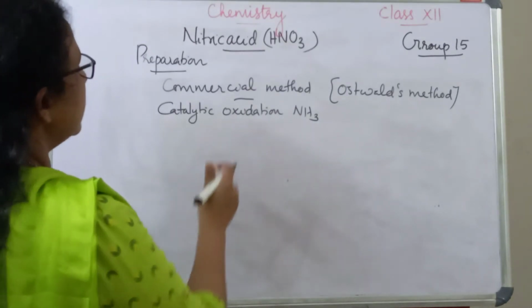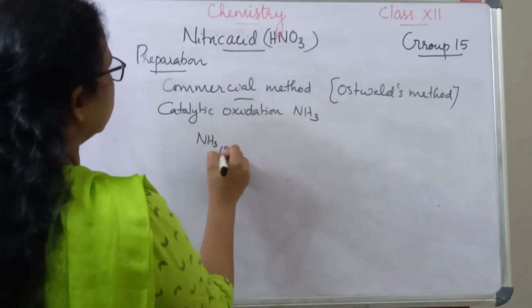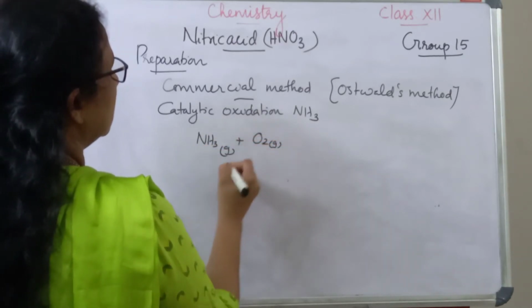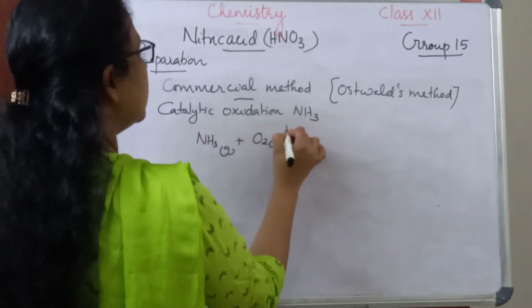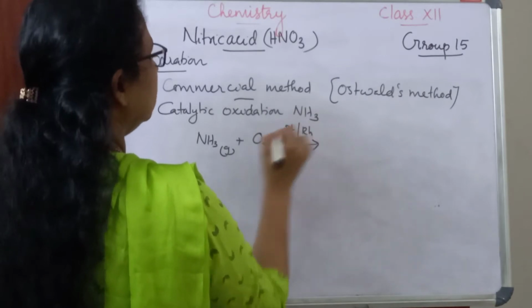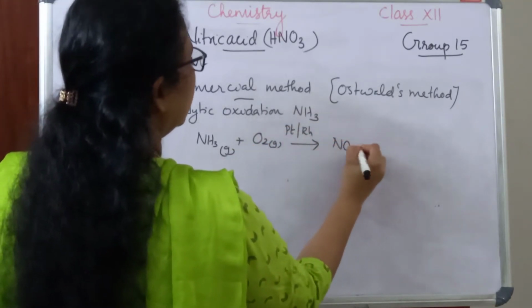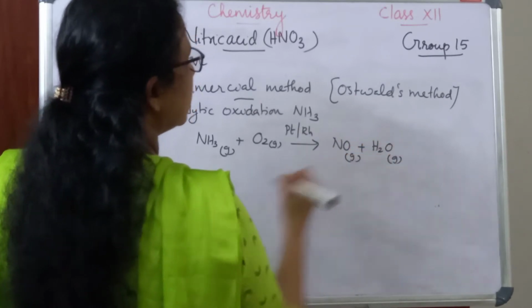acid. So let's see the equations. Ammonia gas with oxygen in the air, in presence of catalysts like platinum or rhodium, we will get NO and H2O, in the gaseous form.